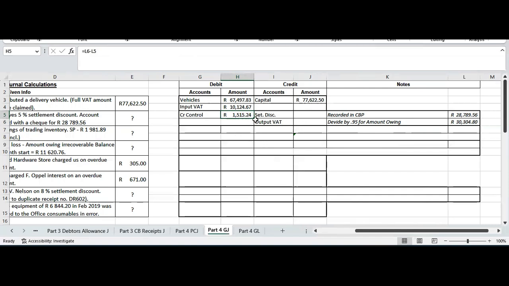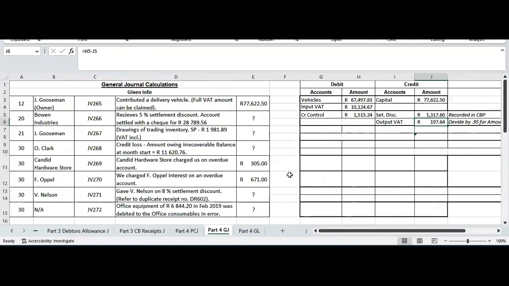Now we have to deal with that, and we say part of that, if we divide by 1.15, is our settlement discount, and the difference between those two amounts is obviously the output VAT. So SARS wants its share of the pie. We get a 1,300 Rand discount, and they want almost 200 Rand back from us. Okay, so now we have dealt with that second entry.